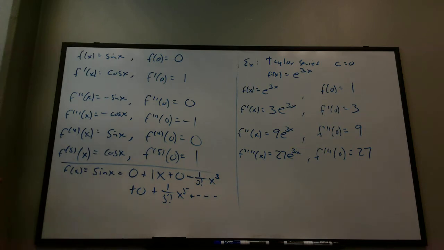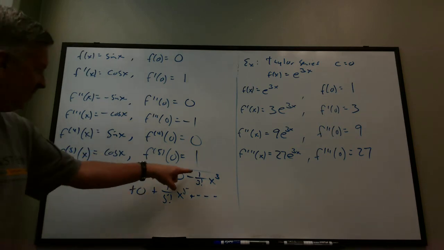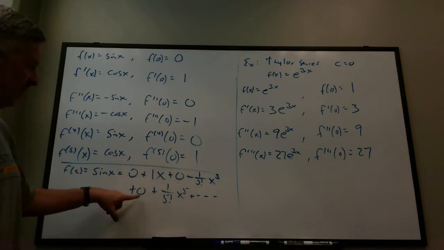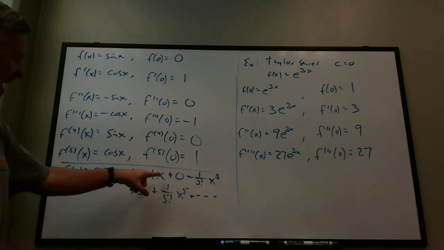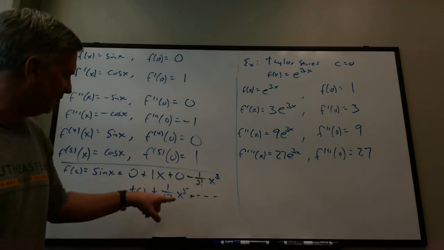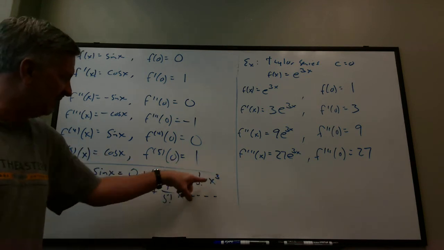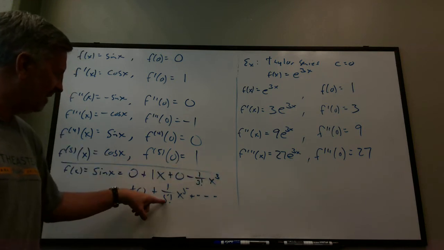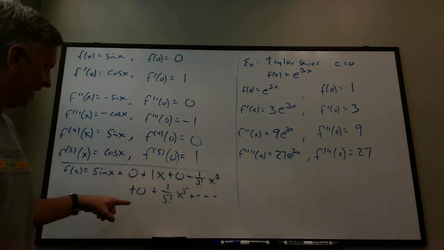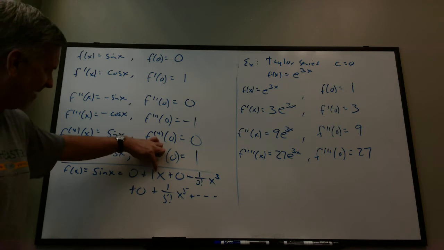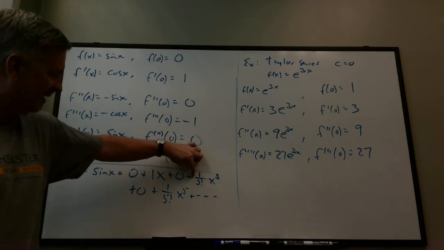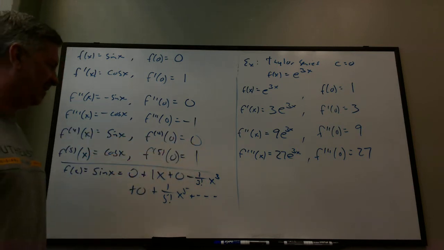So what's happening here? For the even powers of x, we have a 0 coefficient, so those are gone. For the odd powers, it's x to the 1st, x cubed, x to the 5th. And notice the denominator in your fraction is the factorial of the exponent. And notice we're alternating sign. If you ignore the zeros, it's positive x, negative x cubed, and then positive x to the 5th.